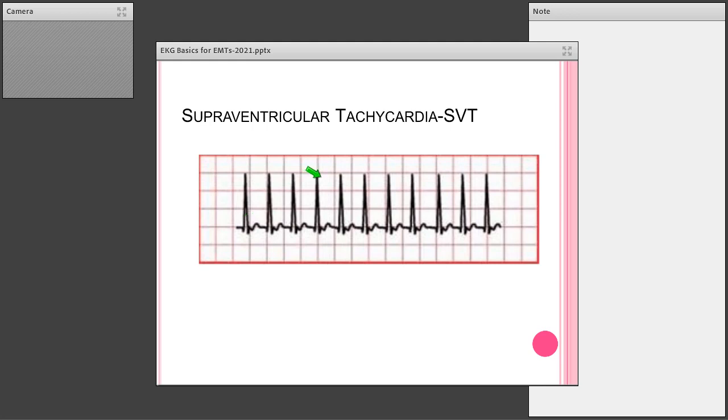So we're at 300 and then past 150. So this person probably has a heart rate of about 180, and they may feel not very good because their heart is beating so fast.